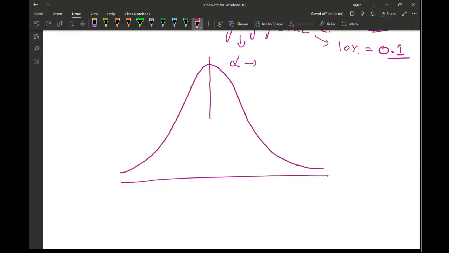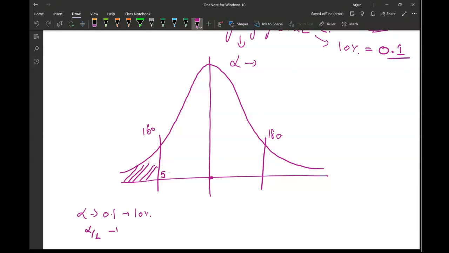So if I am creating a 90% confidence interval, redrawing the graph, this was 160, this was 180, and this alpha value was 0.1, or I can call it 10%. So this section is 5%. Can I say alpha over 2?